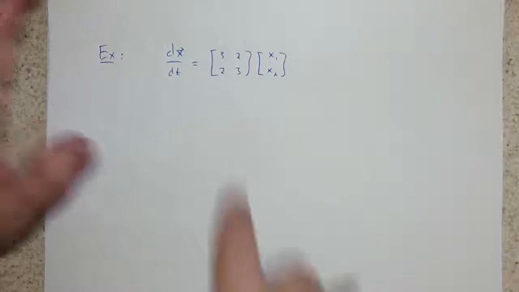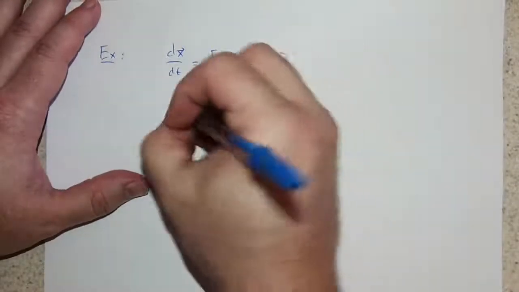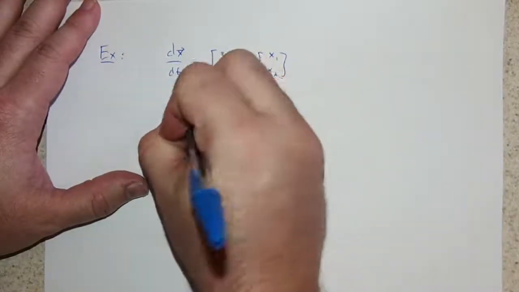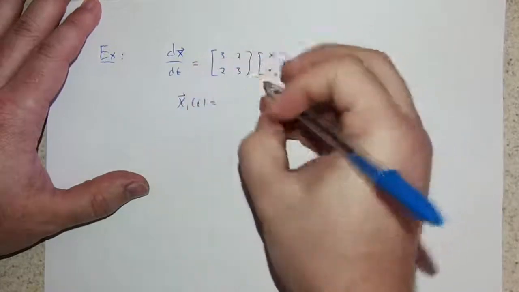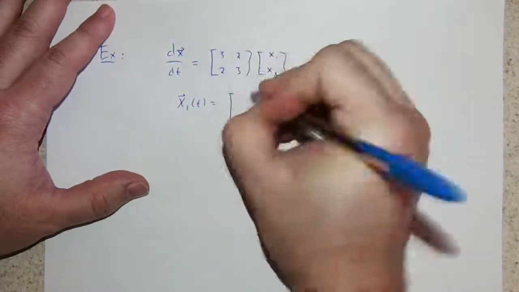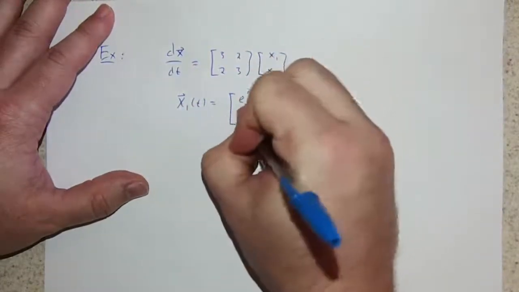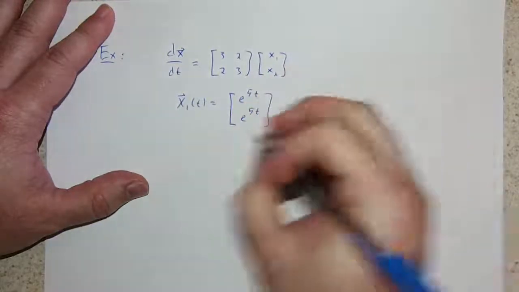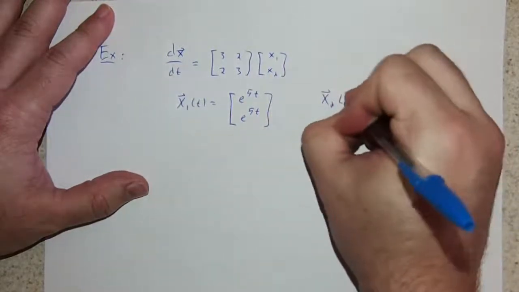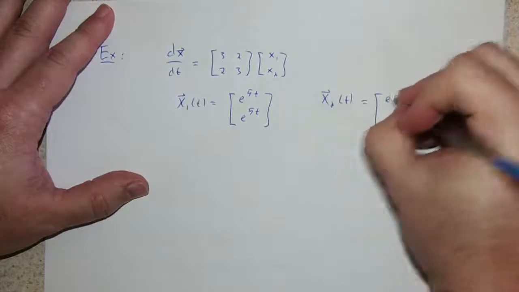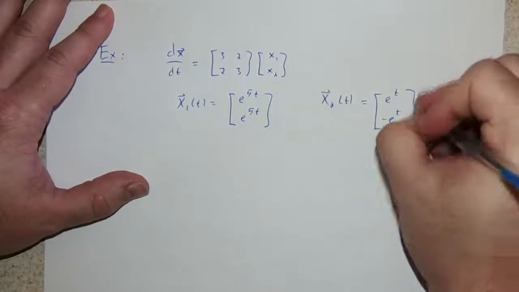Okay, and so I found solutions. Big X1, which I wrote to be e^(5t), e^(5t), and big X2, which I wrote as e^t, minus e^t.